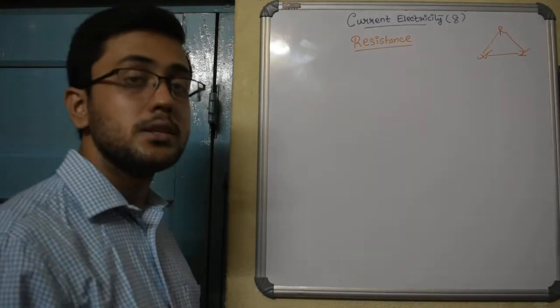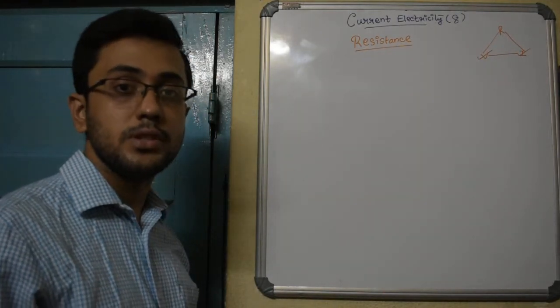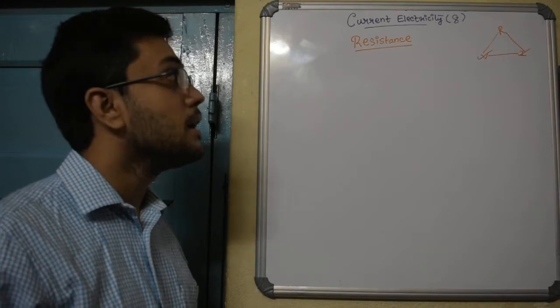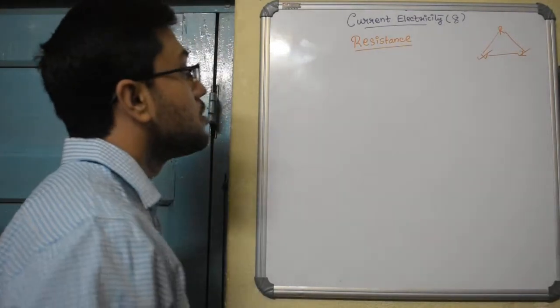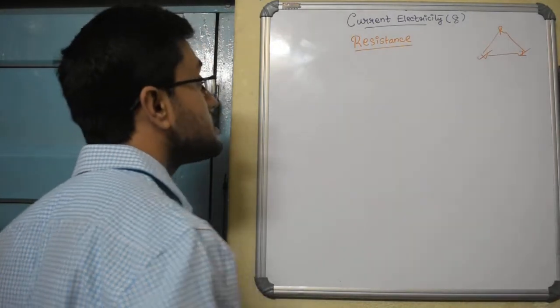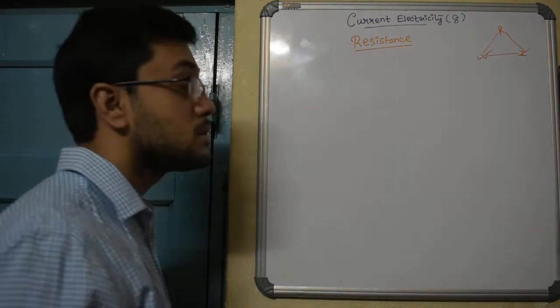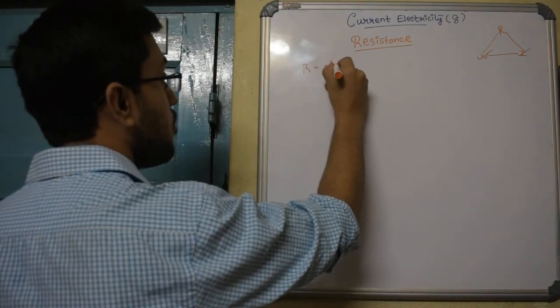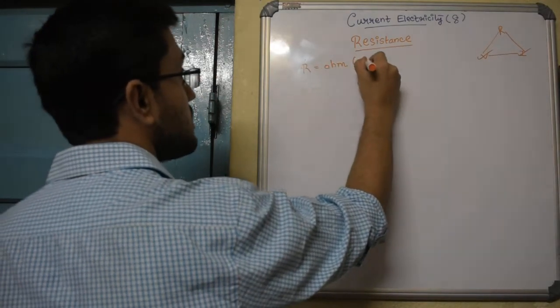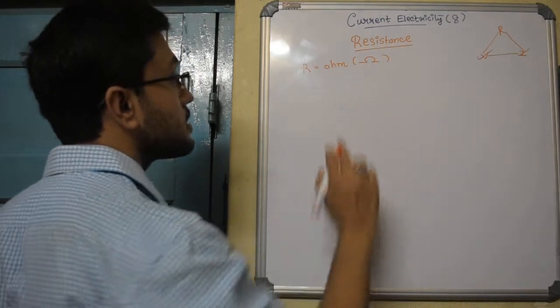The obstruction that is provided by the material with which the conductor or circuit is made is known as resistance. So how is resistance measured, or how does resistance originate? First of all, the SI unit of resistance is ohm, and the symbol is like this. This is a Greek symbol.